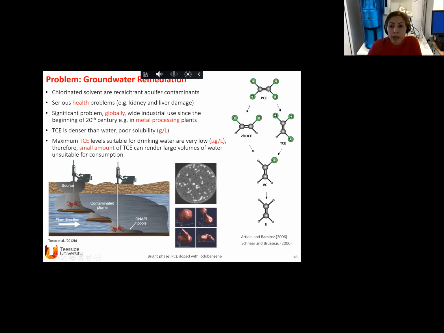You have droplets of these oily, organic substances trapped in between the grains of, in most cases, a sandy environment. So the idea is to target those remaining residual phases and, if we can, degrade them in situ, turning them into something not that harmful without having to bring them up to the surface.